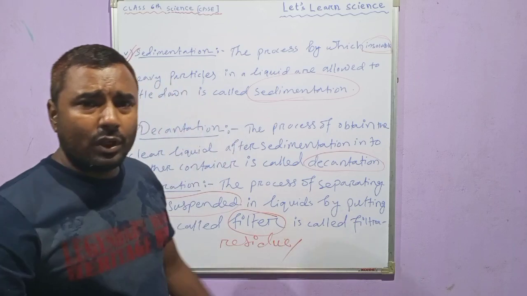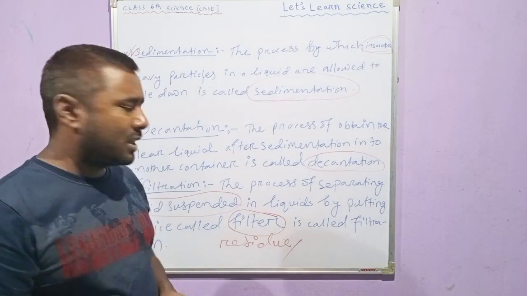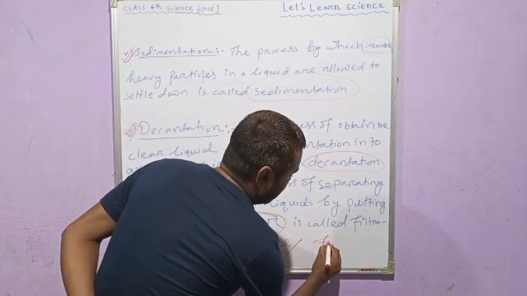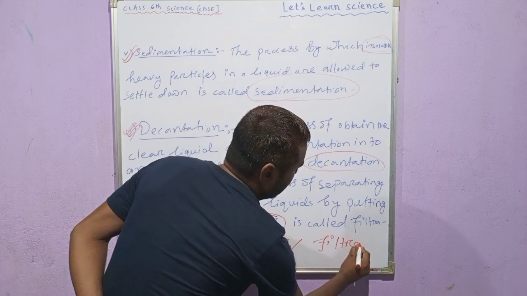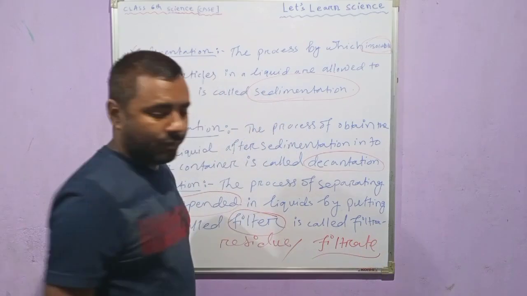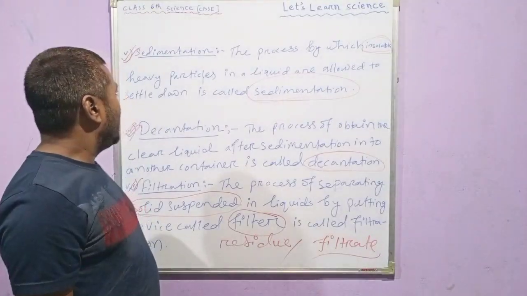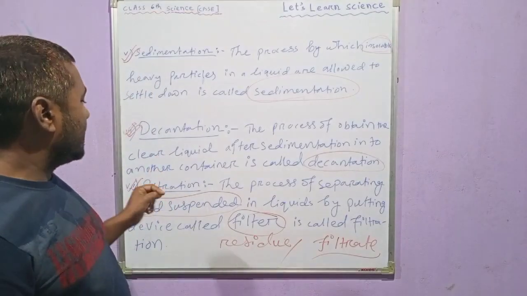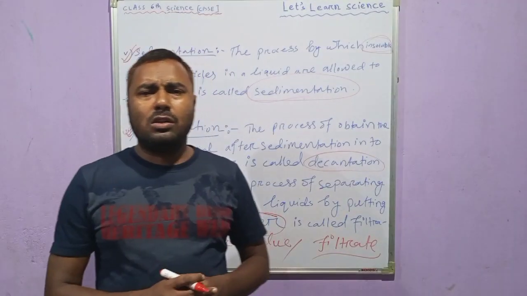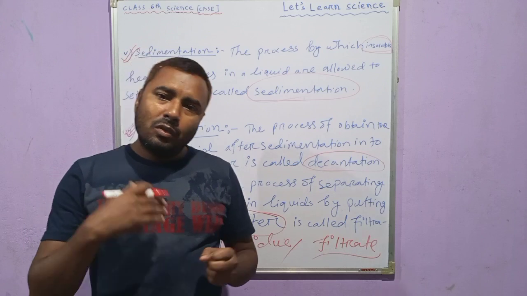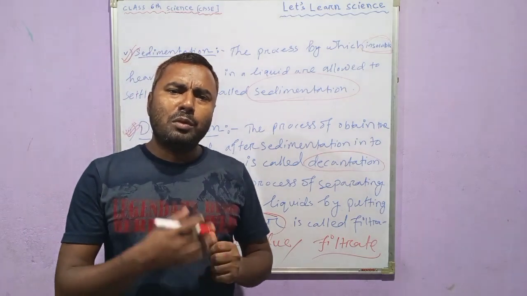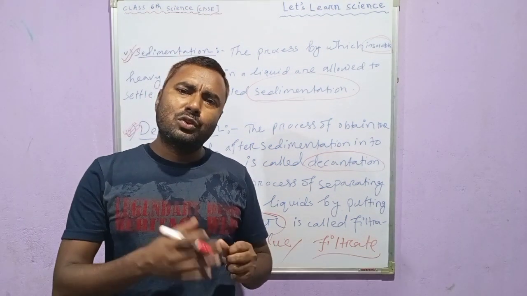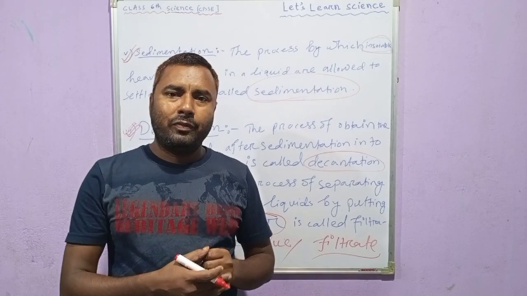And the liquid that is obtained after filtration is called filtrate. So sedimentation, decantation and filtration are methods used while separating the components of a mixture when the nature of the mixture is solid in liquid.